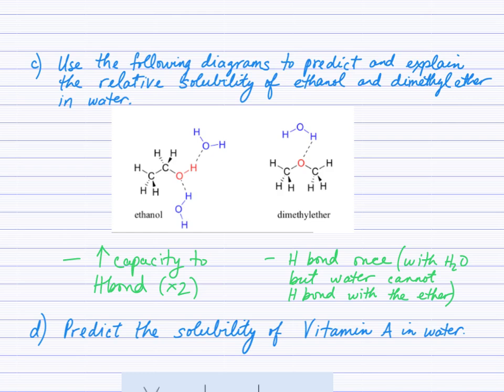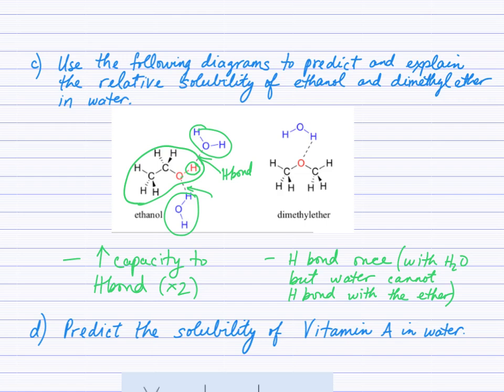We can see that the H that is directly bonded to oxygen in the ethanol molecule, this is the ethanol molecule right here, that the oxygen on the water molecule can form a hydrogen bond with the H of the alcohol, of the ethanol. And then you'll notice that the oxygen, the red oxygen in ethanol, has the ability to form a hydrogen bond here with an H in water.